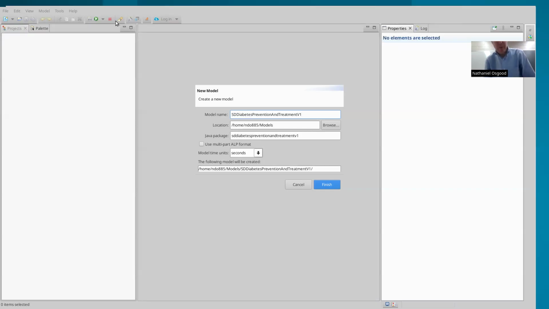And I'm going to name it V1, okay? Now, it's extraordinarily important that you pay attention to model time unit. It's also important that you recognize what model time units represent.